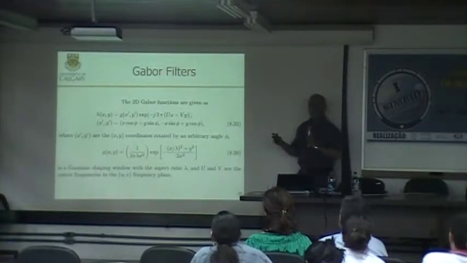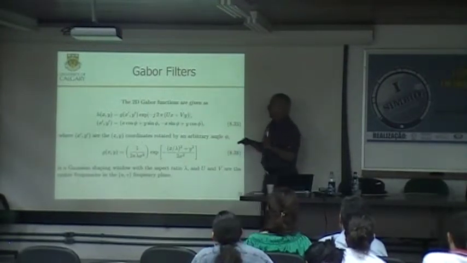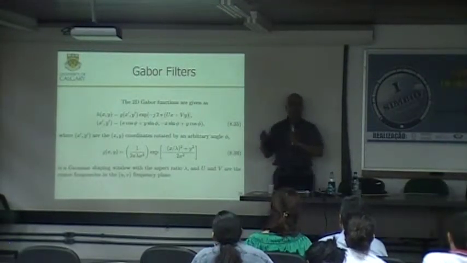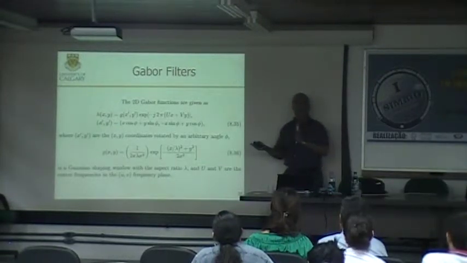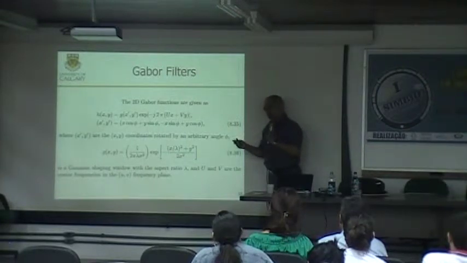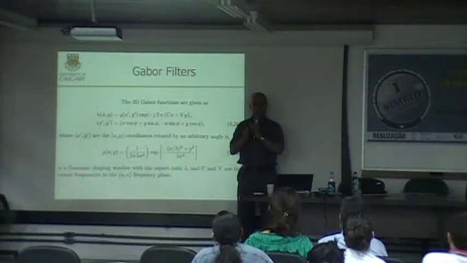Gabor filters are the best for this purpose. Gabor filters have been shown to give optimal resolution in the image domain and in the frequency domain. When you make an object smaller and smaller in the image domain, the Fourier spectrum becomes bigger and bigger.